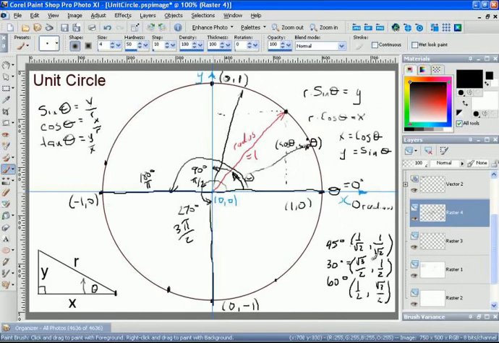So these are some numbers you can go ahead and memorize. They are very useful whenever you're working with unit circles or anything that's sort of along an arc. But again, you don't have to memorize these, because if you know this formula, x equals cos theta and y equals sine theta, you can then go and basically figure these values out by using a calculator.